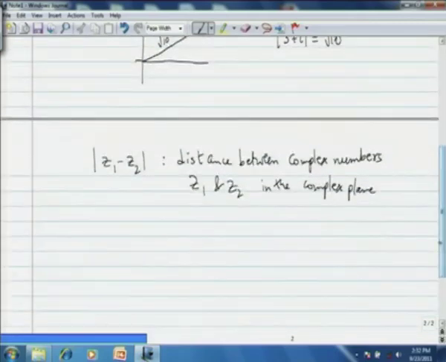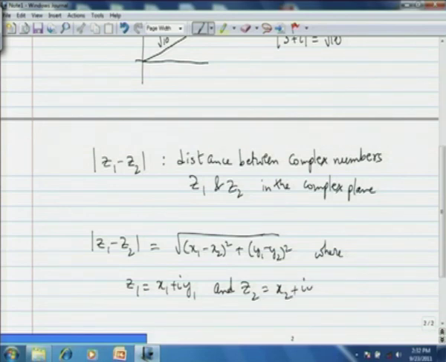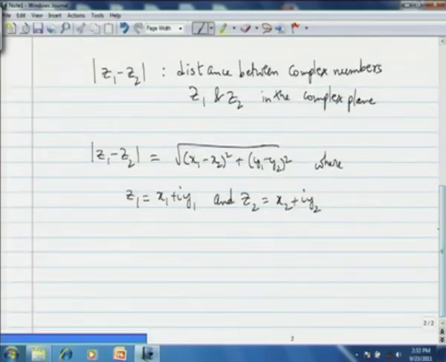Algebraically, the modulus of z1 minus z2 looks like square root of (x1 minus x2) whole squared plus (y1 minus y2) whole squared, where z1 is x1 plus i y1 and z2 is x2 plus i y2. So, it indeed indicates the distance between points (x1, y1) and (x2, y2).